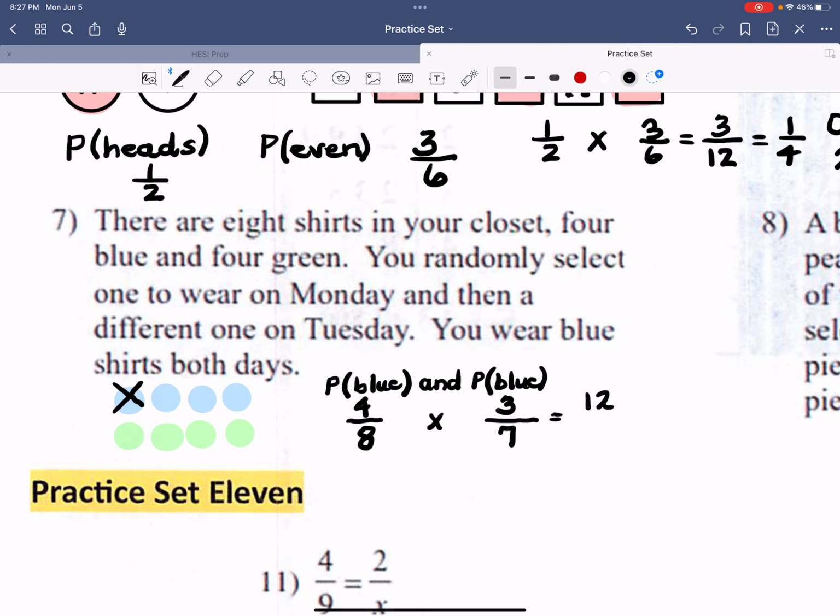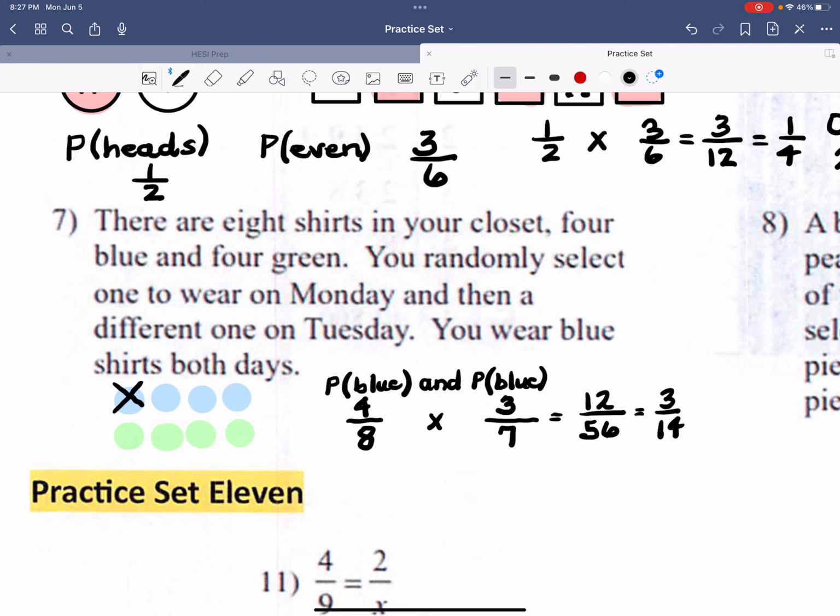12 on top, 56 on the bottom. That could be reduced by 4, I believe. No, yes, it can. 4 into 12 is 3. 4 into 56 is 14, so that would be lowest terms.